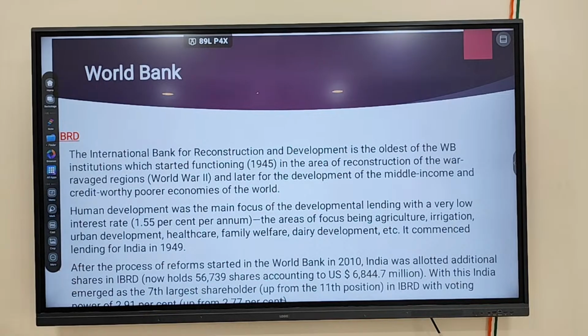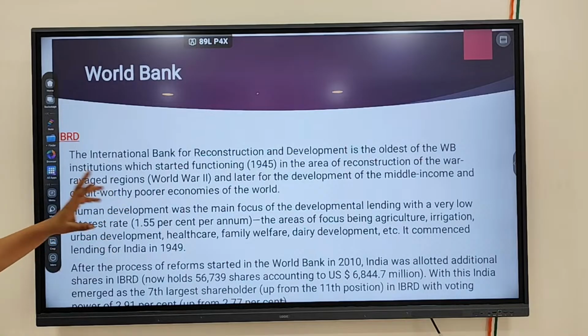This IBRD is one of the oldest of the World Bank institutions. It was set up in 1945.